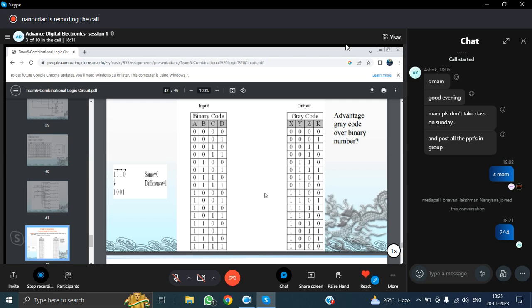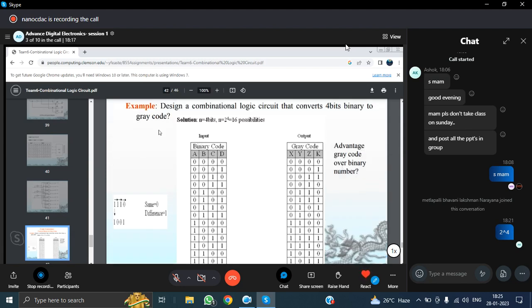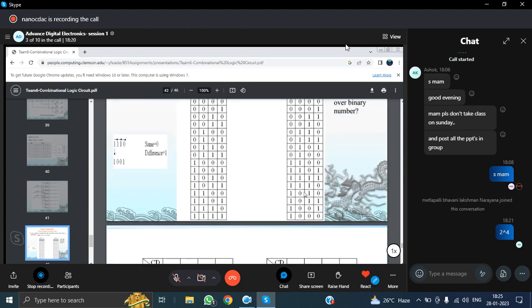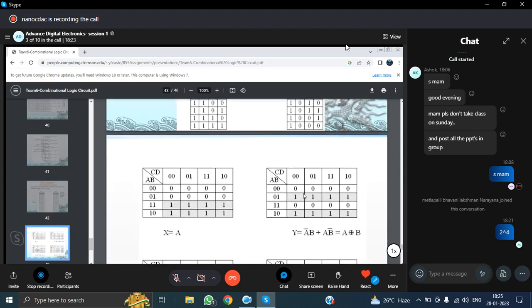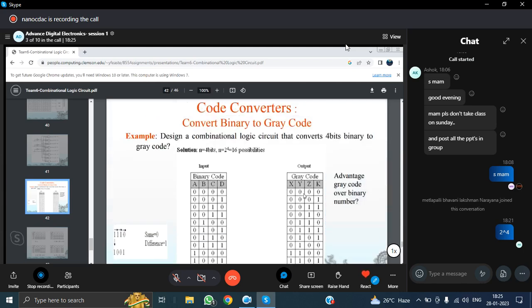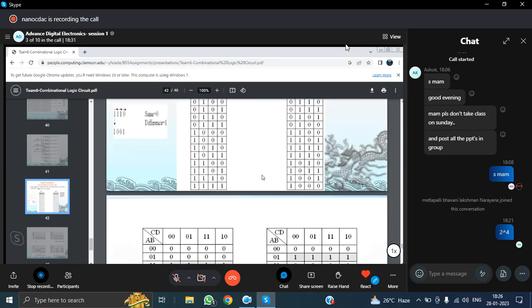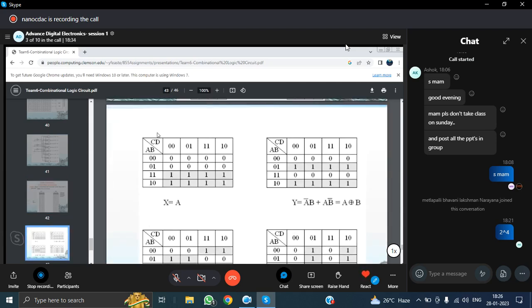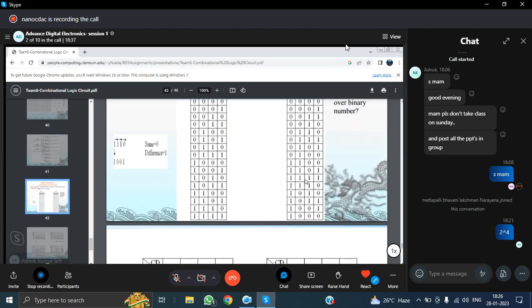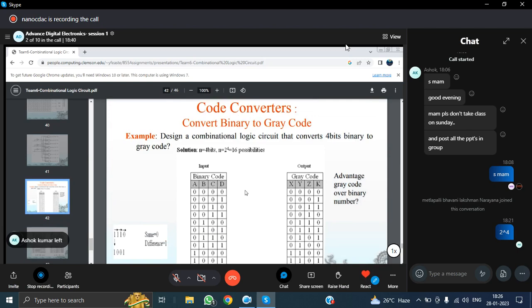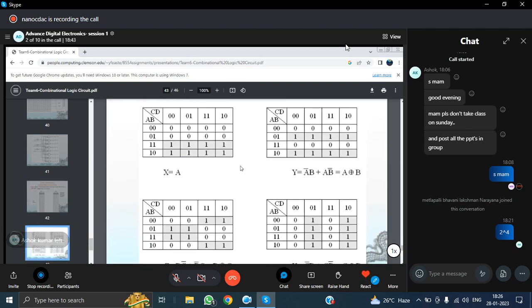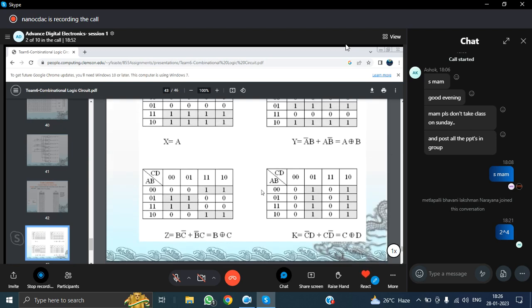I am not going to discuss it. If we want the hardware combinational logic design, binary to gray conversion has inputs A, B, C, D, and an output for each of A, B, C, D. So what you have to do is plot the min terms in the K-map and take the logic equations.